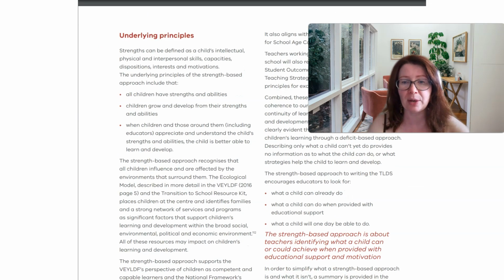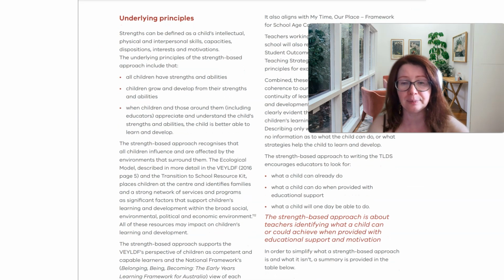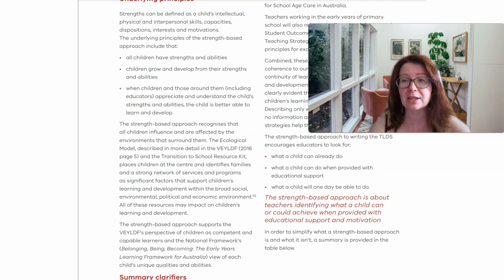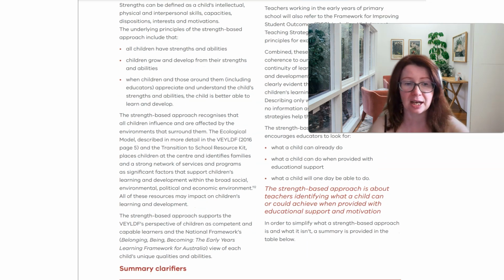You can read more about underlying practices here and underlying principles. Just to reiterate, and then I'll share an example with you. All children are able, capable, confident learners. They have strengths and they have interests and they have abilities. They grow and develop from their strengths, abilities, and dispositions.